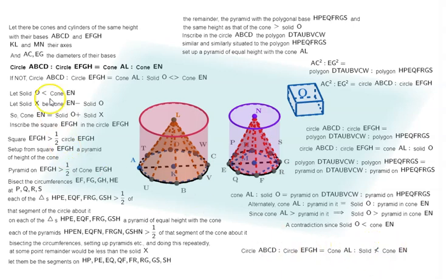We have shown that this proportion will not hold if the solid is less than cone EN. Now we have to look at the other case where the solid is greater than cone EN. So let's look at that.